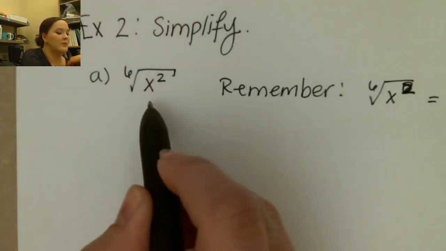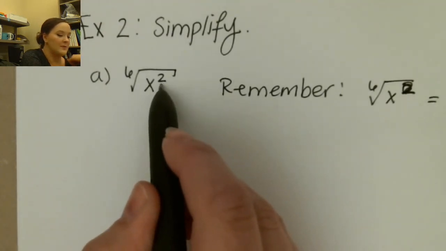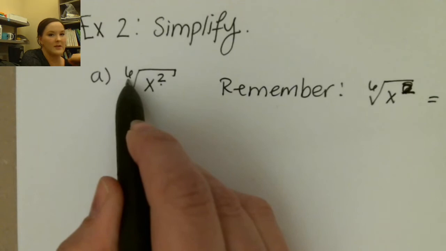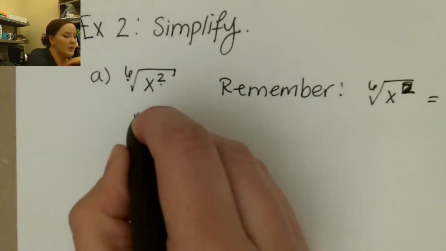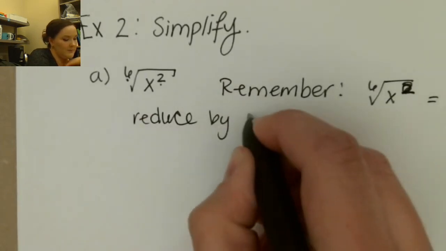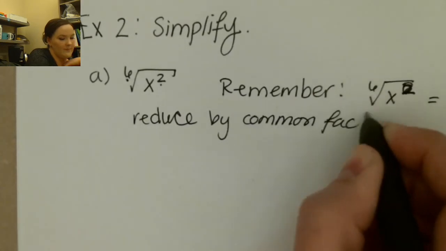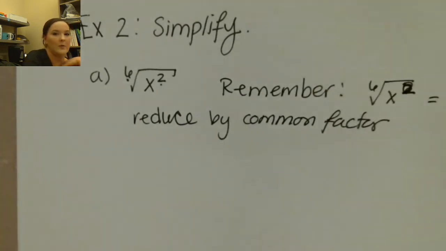Okay, so if you look at this expression, you can see that the exponent 2 and the index 6 have a common factor of 2. Okay, so we're going to reduce by the common factor, which is 2.